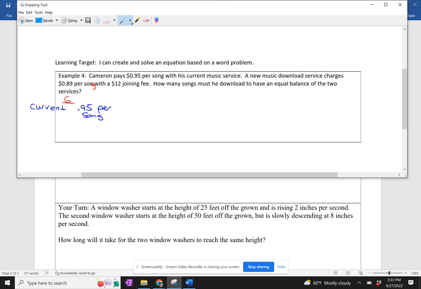And then the new, which is 89 cents per song, but it has a $12 fee. Now the fee means it's one time. So our unknown is how many songs must he download to have an equal balance.